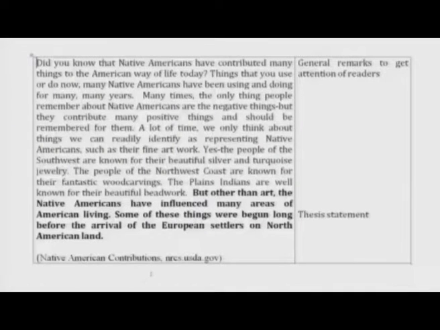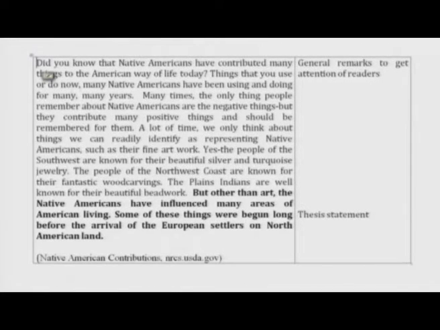Now, let us look at a sample introductory paragraph. This paragraph is about Native American contributions. So, let us read this. Did you know that Native Americans have contributed many things to the American way of life today?